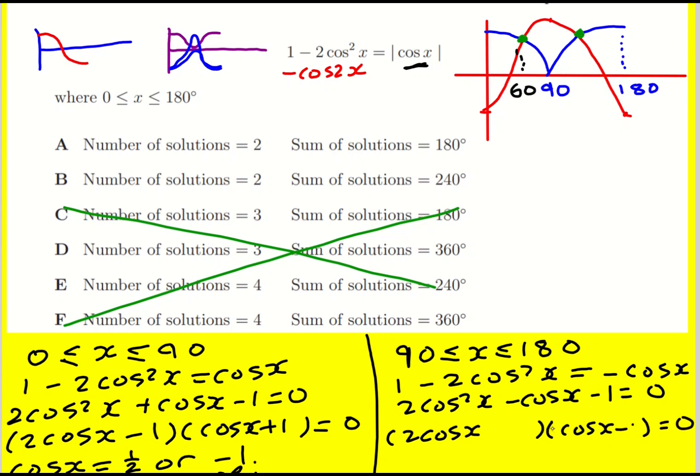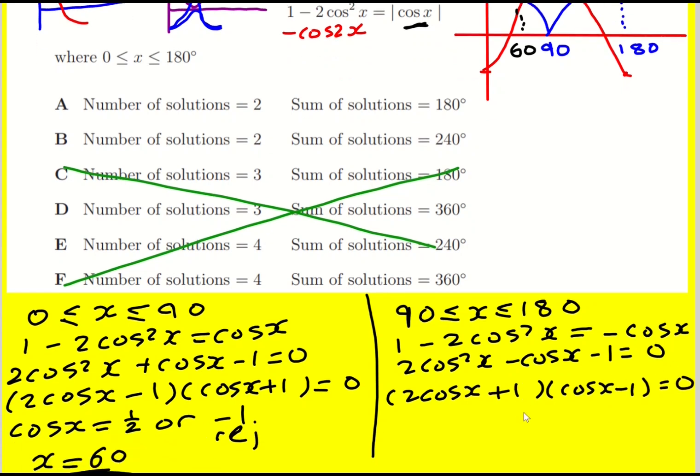So I'm going to get a minus 1 here and a plus 1 here. So cos x equals 1. And we can reject that one again because cos x is going to be negative, or minus a half. And that ends up giving x equals 120 degrees.